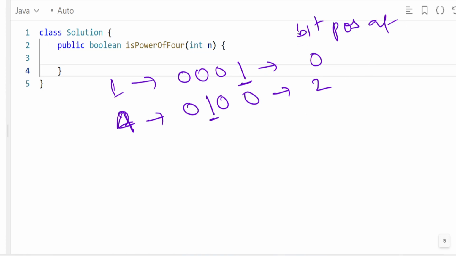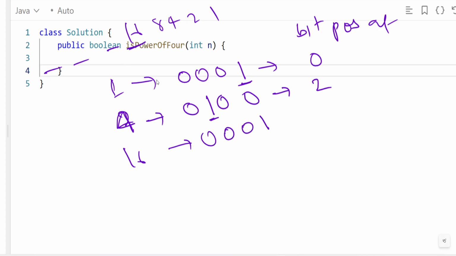These are even. If you take, let's suppose, 16, it will come out as 8 4 2 1, then you will take 16 and the rest of the places will be 0. The three places are 0. So if we represent this, it will come out as 0 0 0 1.